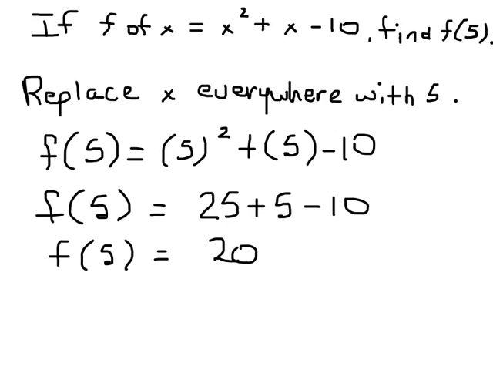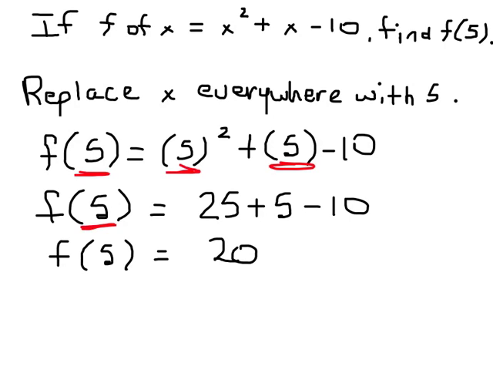So f of 5 equals 5 squared plus 5 minus 10. Then the function of 5 is 5 squared is 25 plus 5 minus 10, and the function of 5 is 20.